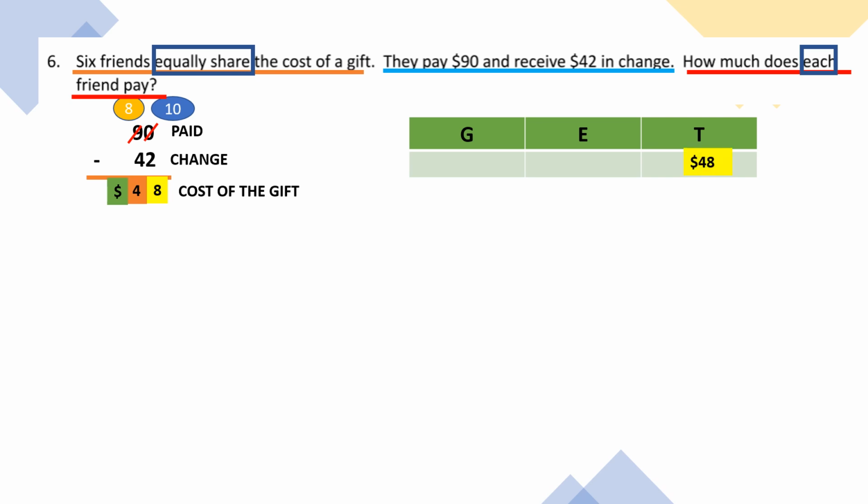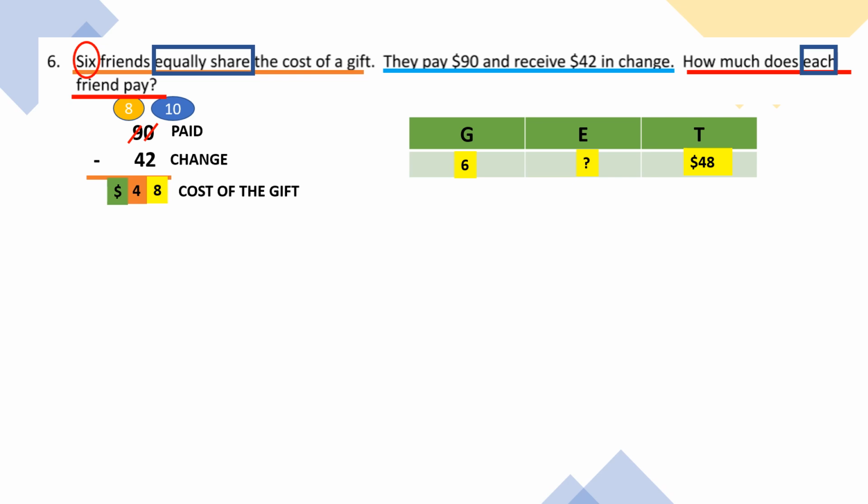I know that the total is $48, the total cost of the gift. 6 friends equally shared the cost, so that means my groups is 6. And the question asks me, how much does each friend pay? So there's going to be a question mark under my E for each.